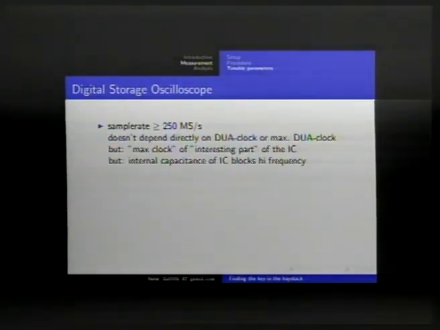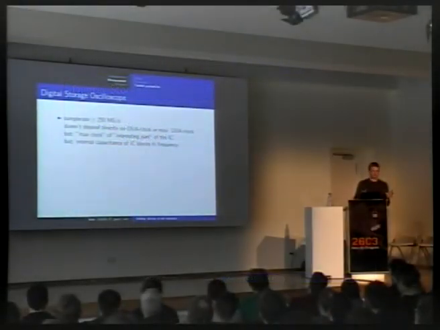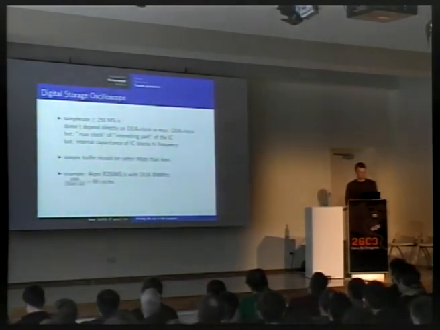And this is usually a very high frequency, but we won't get this high frequency outside of the integrated circuit because there's a lot of internal capacitance and this will block the high frequency. Thus it is sufficient to use a lower sample rate, but you shouldn't usually go below 250 megasamples.